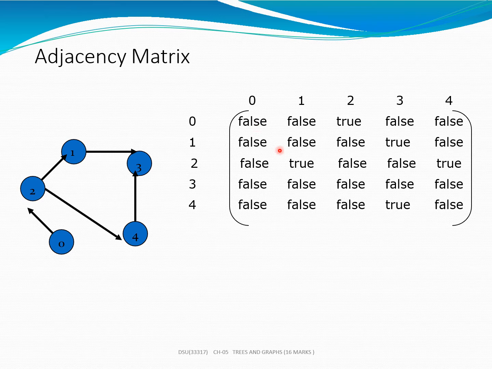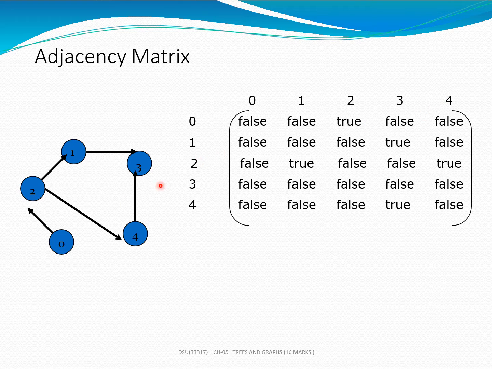Likewise 0 to 1, 0 to 3 and 0 to 4 have no edge, so all these values are false, meaning 0. But there is an edge from 0 to 2, so here we write 1. So 0 to 0 false, 0 to 1 false, 0 to 2 true, 0 to 3 false, and 0 to 4 false.